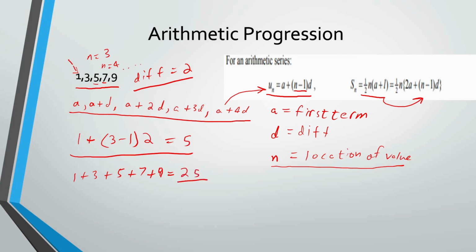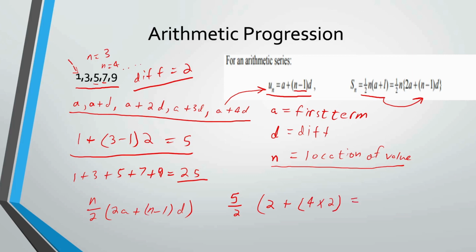Now let's use our formula, 1 over 2 n, which is basically n over 2 into 2a plus n minus 1 into d. Now n is also the number of values, which is 1, 2, 3, 4, 5. So 5 values. 5 over 2 into 2 times 1, which is 2, plus n minus 1, which is 4, into 2.